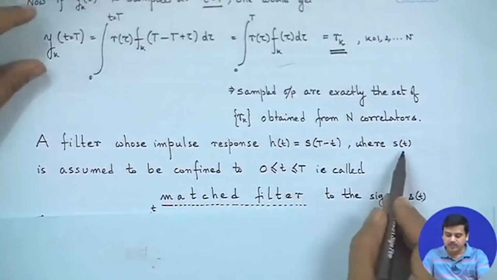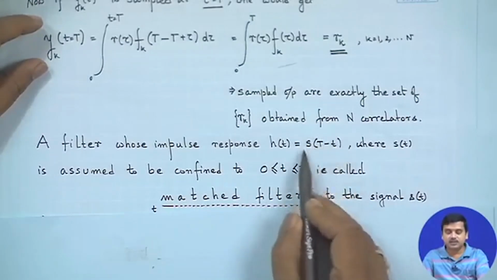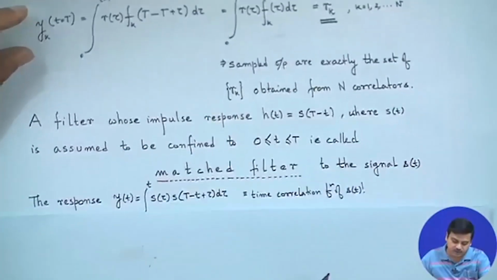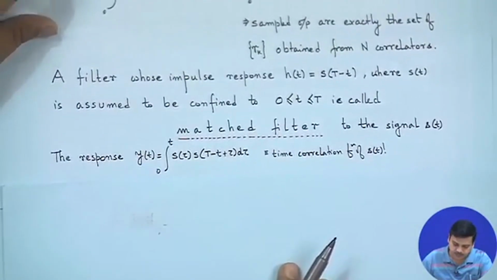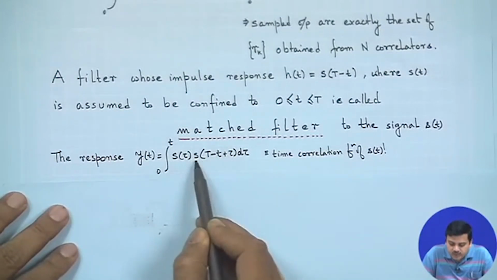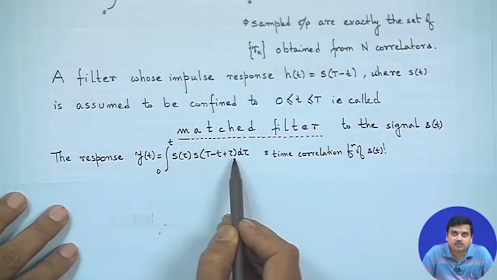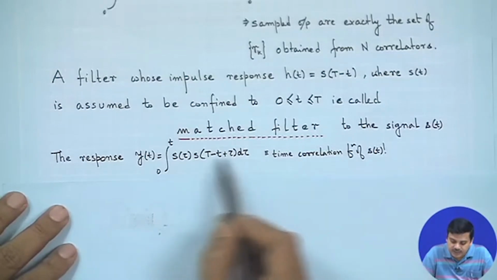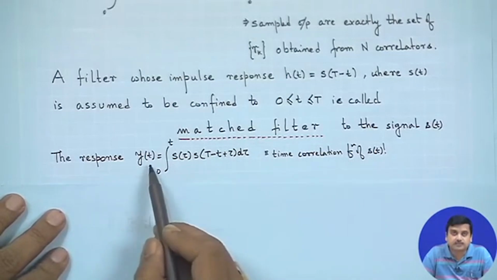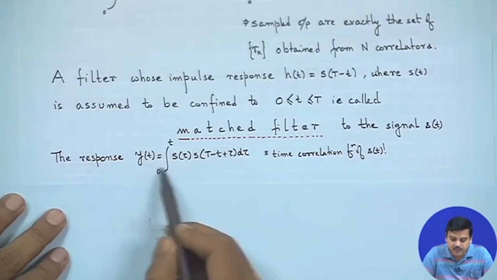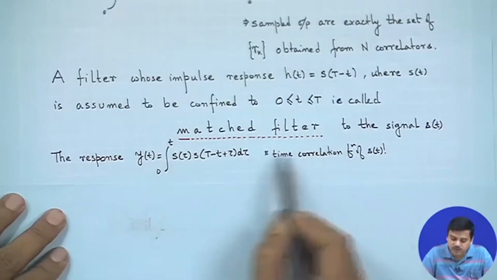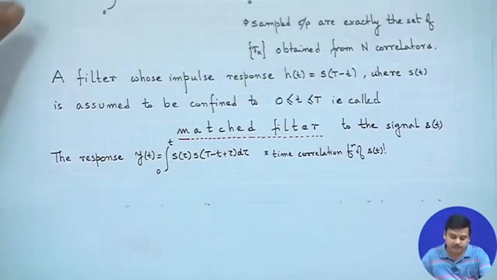So, you have the input signal and the coefficient is just the flipped version within the signal interval. For that you would call it the matched filter, and the response is simply s of tau convolved with s of T minus t plus tau. So, this is again, if you look at it, the time correlation function of s of t. Basically it is the correlation of s with itself, with of course the time gap.